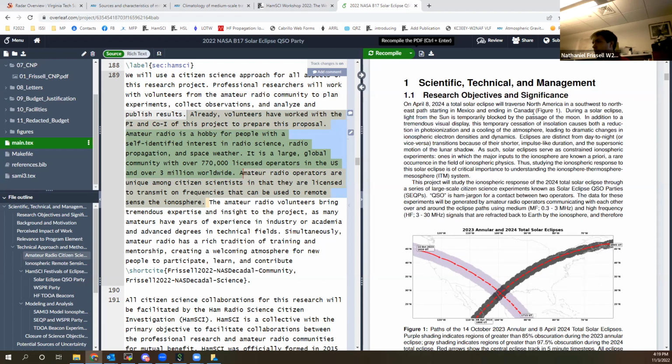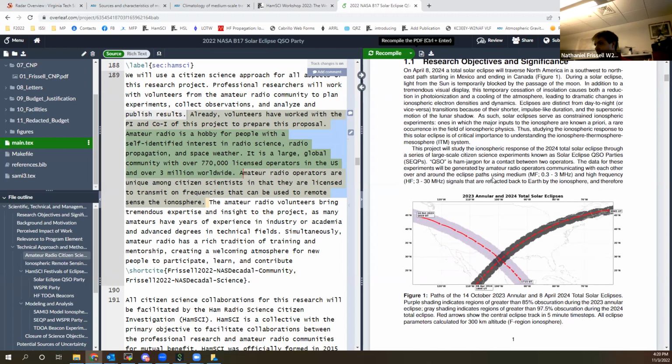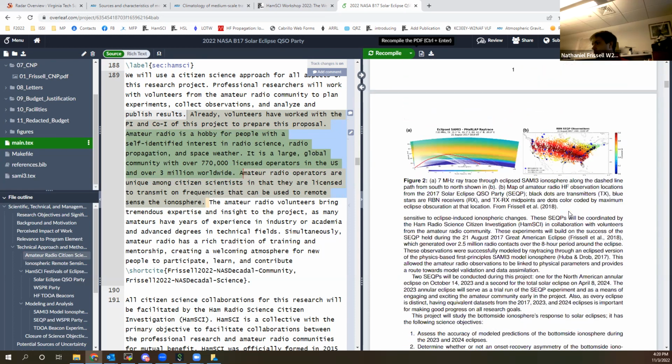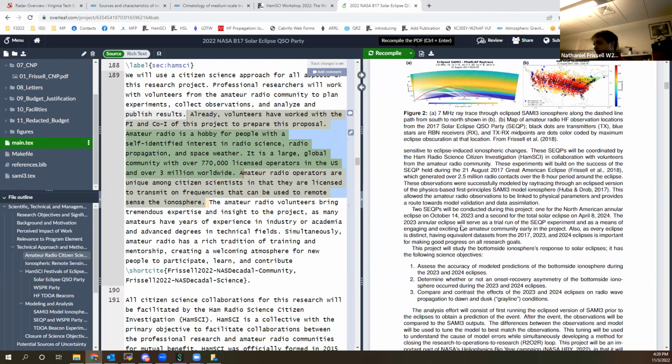So we have our research objectives and significance. We're talking about what a solar eclipse is and why it's important to space physics. And then we talk about... well, okay, so here's the first time we talk about amateur radio operators. It's in the second paragraph here. And we talk about what HamSCI is. And we say there's 2 QSOs that we're going to do.